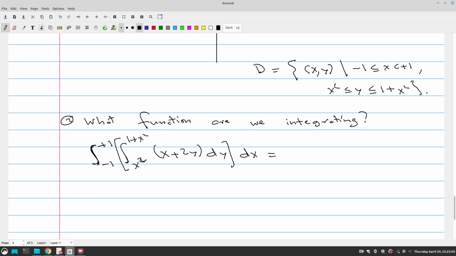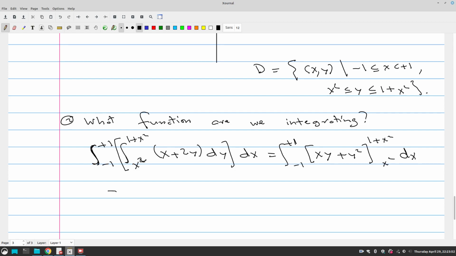So of course you would have, from negative 1 to positive 1, the integral of xy plus y squared, evaluated from x squared to 1 plus x squared, dx.